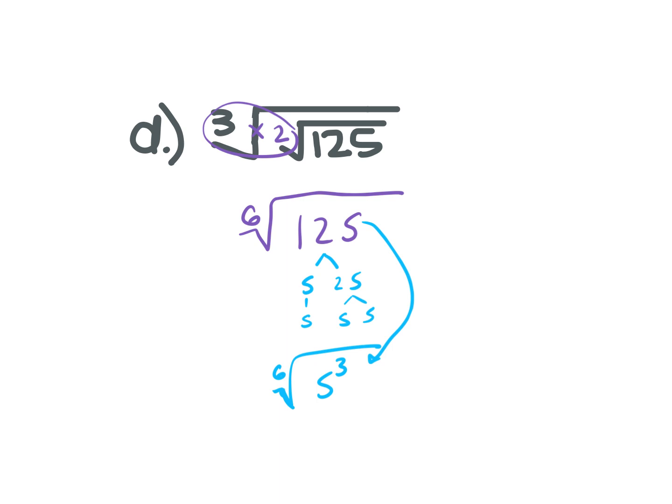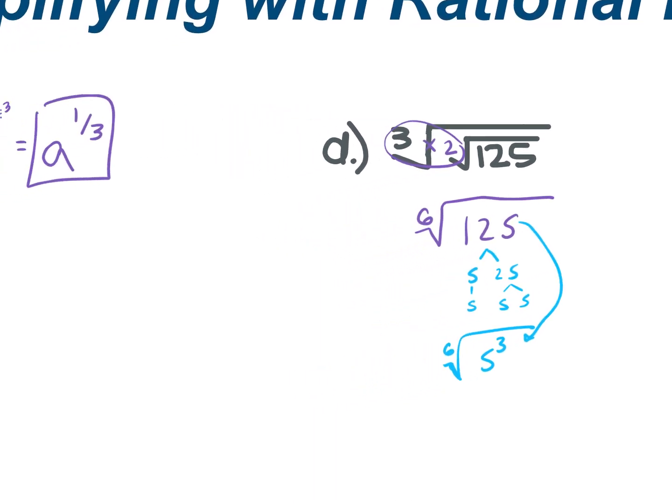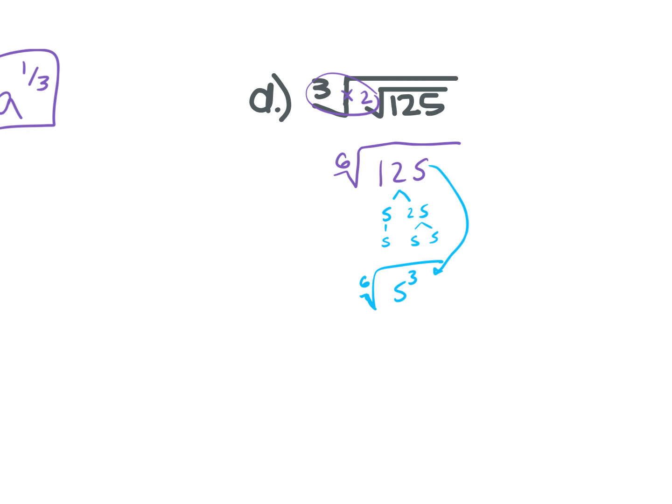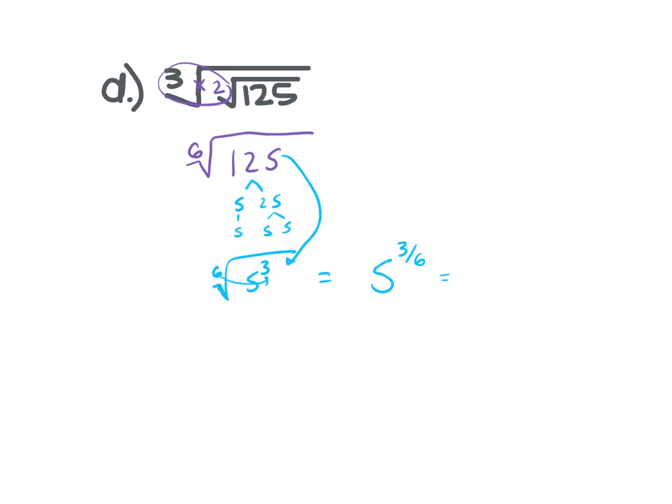Now we can simplify this just like we did in part C, where we turned it into a fraction. The exponent stays on top, the index goes in the denominator. So this would be 5 to the power of 3 over 6, which simplifies, we divide the top and the bottom by 3, to 5 to the power of 1/2.